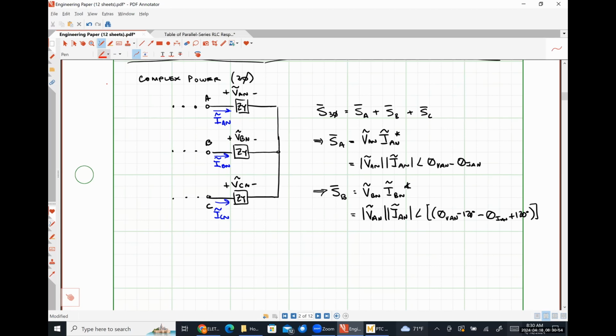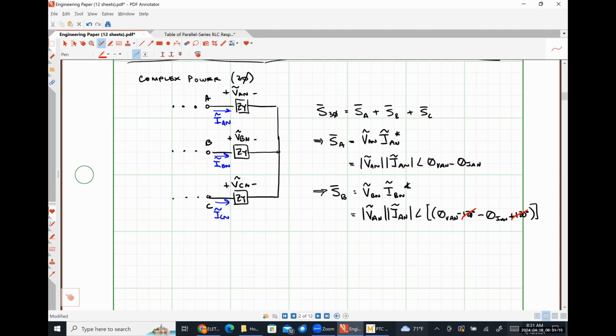And these 120s cancel each other out, so that the complex power absorbed by the B phase is literally identical to the complex power absorbed by the A phase.